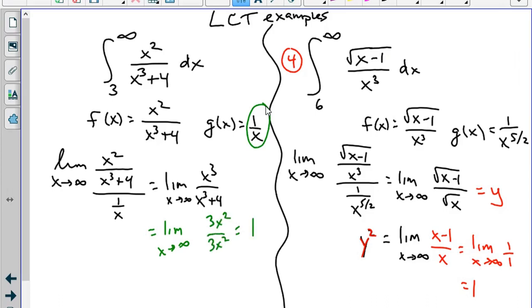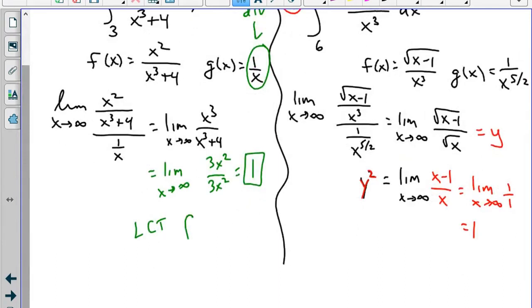That ends up being 1. And so because of that, since I have a limit that's somewhere between 0 and infinity, and 1 over x diverges by the limit comparison test, I can say that the integral from 3 to infinity of x squared over x cubed plus 4 dx also diverges.